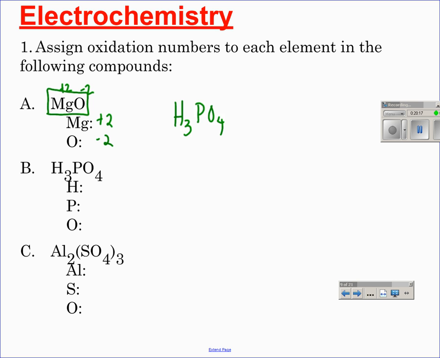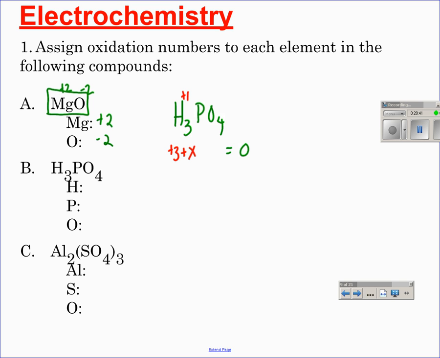Okay? So with H3PO4, I'm going to set the whole compound equal to 0 because there are no charges. I'm going to say the oxidation number of hydrogen is always +1 unless it's combined with a metal. So to find the charge, +1 times 3 is +3. I don't know phosphorus, and there's only one phosphorus, so I'm going to say +X.